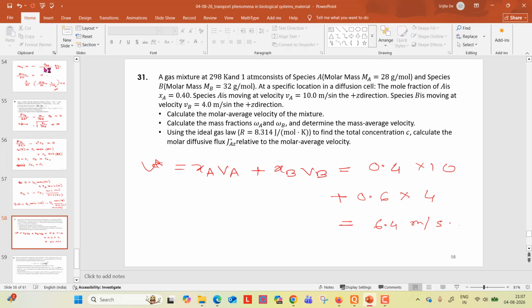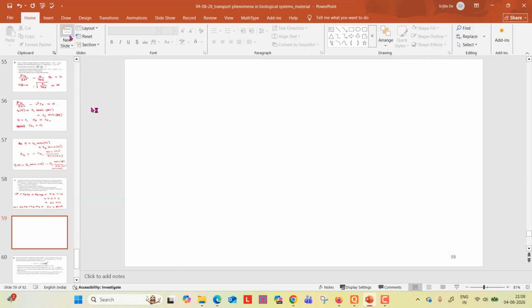Second question: calculate the mass fractions WA and WB and determine the mass average velocity. First we'll calculate the mean molecular weight, which is XA into MA plus XB into MB. If you put 0.4 into 28 plus 0.6 into 32, it will come as 30.4 gram per mole.